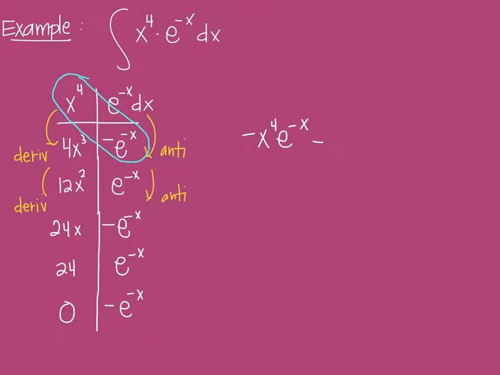Now rather than setting up another integral, which would be the next step, we pair up the next two. Which would be 12x squared e to the negative x minus, sorry, 4x cubed. I was looking ahead to the next one. 4x cubed, sorry. I'll show you.